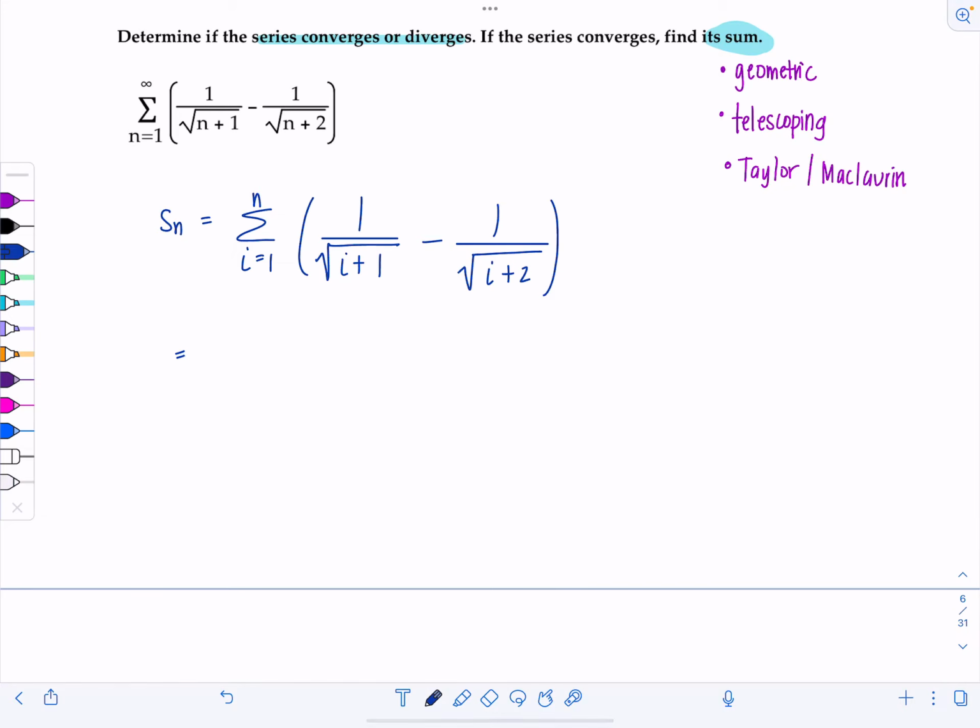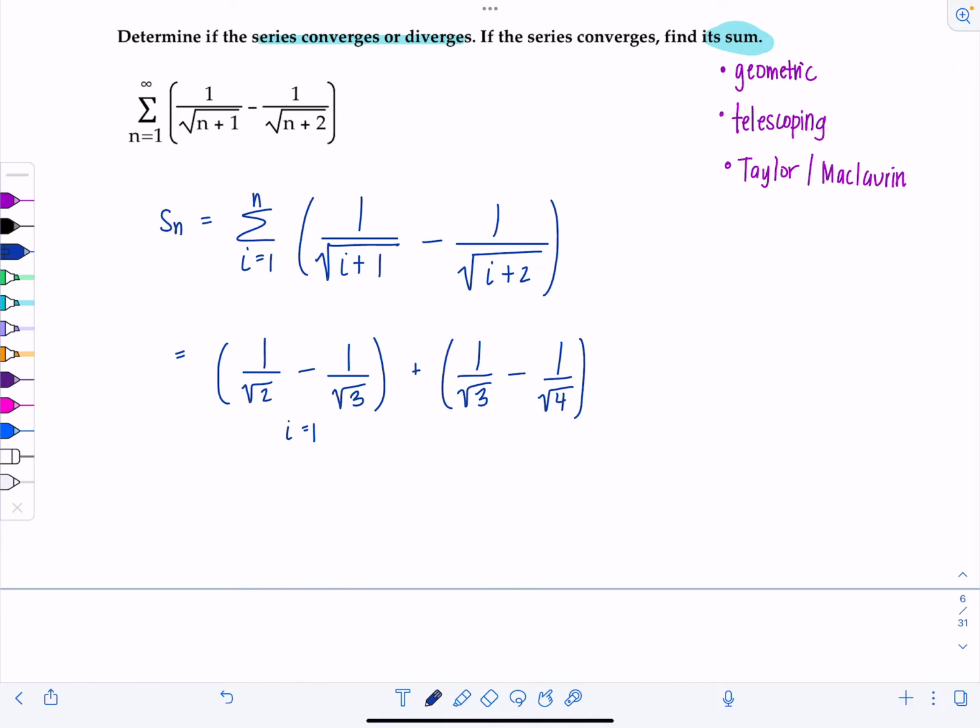So if i is equal to 1, I'm going to have 1 over radical 2 minus 1 over radical 3. If i is 2, we'll have 1 over radical 3 minus 1 over radical 4. I know that's 2, but I'm not going to simplify just so I can see a pattern. Now i equals 3: 1 over radical 4 minus 1 over radical 5.